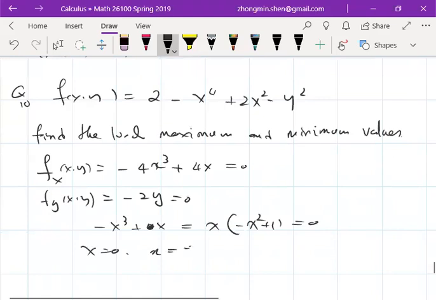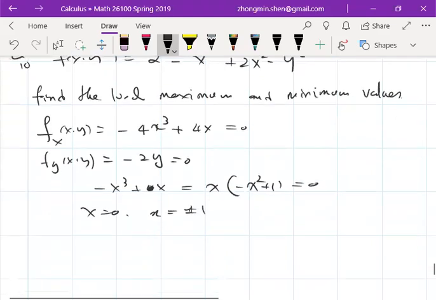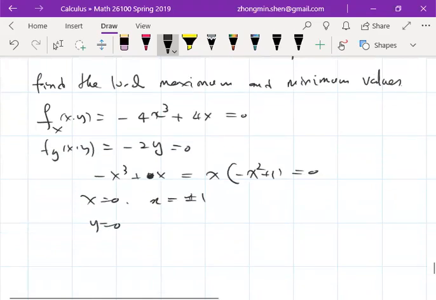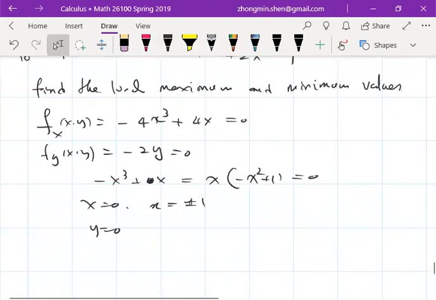So x is plus or minus 1. So you have 3 solutions, but the y value is always 0. So they are on the x-axis. There are 3 special points at which the function might have a local maximum value or local minimum value.